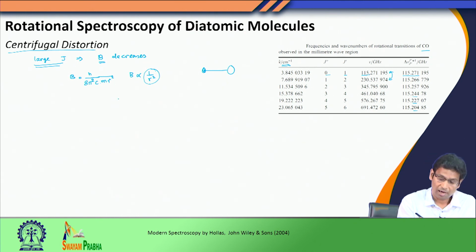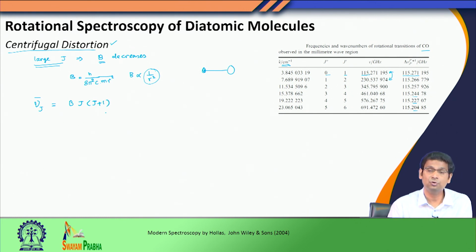Now, how do we express this? To consider this centrifugal distortion, we add one more correction to our nu J term. So, we had J into J plus 1. This energy expression is true only when the molecule is a rigid rotor. That means, the bond distance is very rigid, the bond is very strong, it will never stretch. But most bonds are elastic.